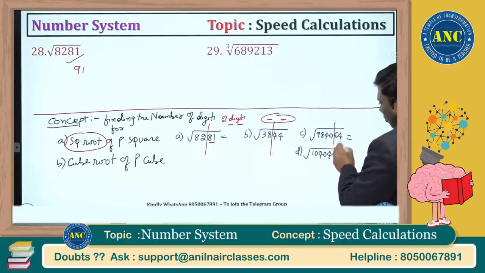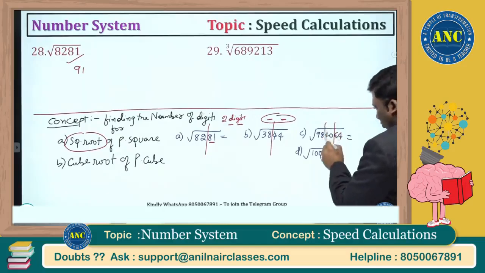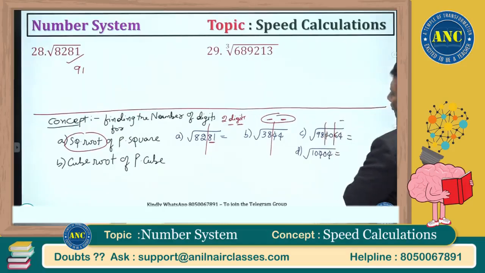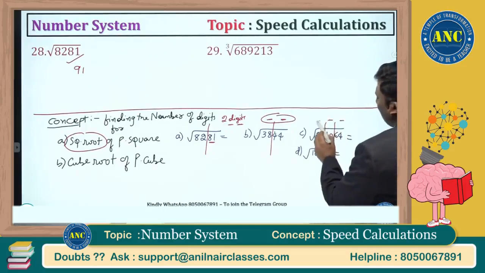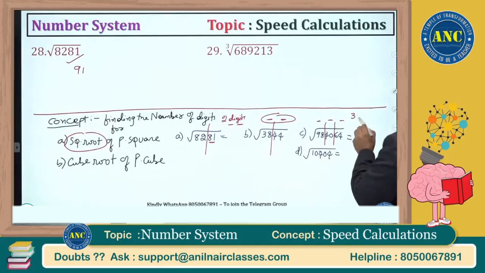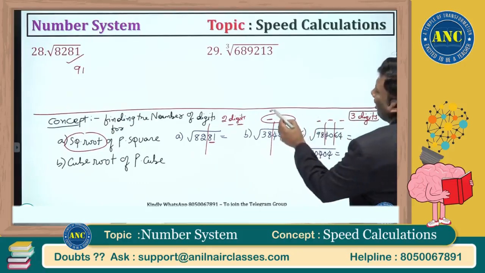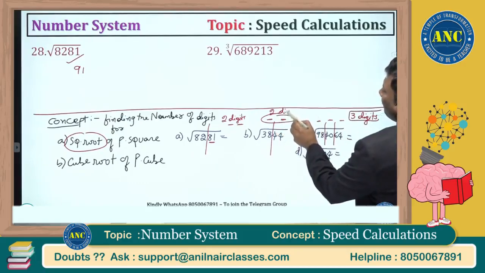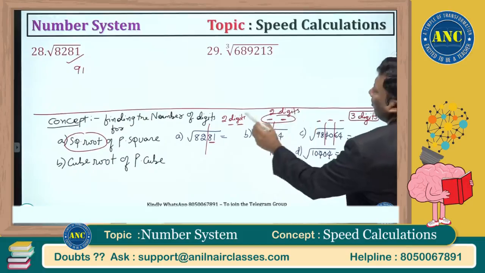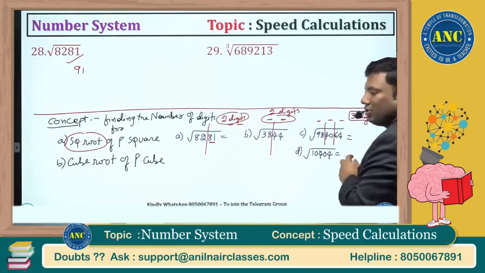Take a group of 2 digits. One group of 2 digits. If there is only one digit, add 0 at the beginning. One group, one group. The answer will have 3 digits. The answer will have 2 digits.